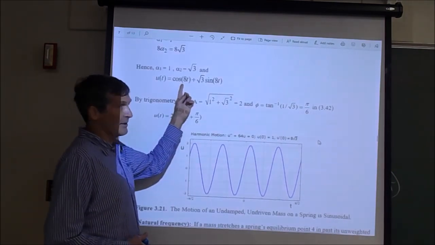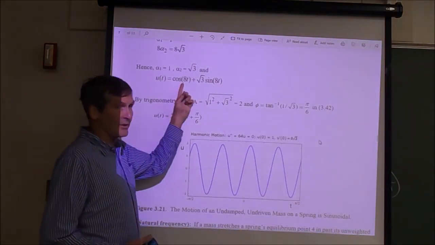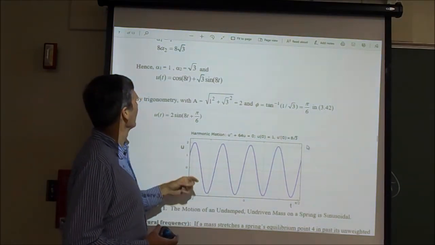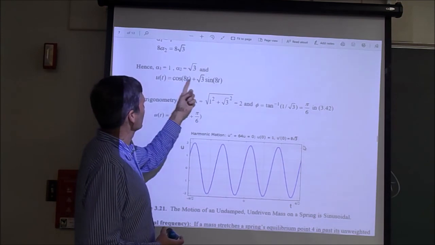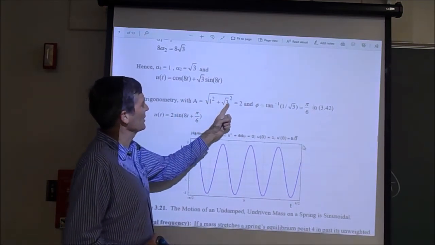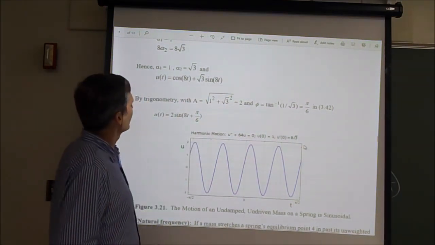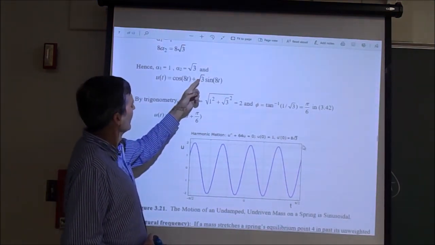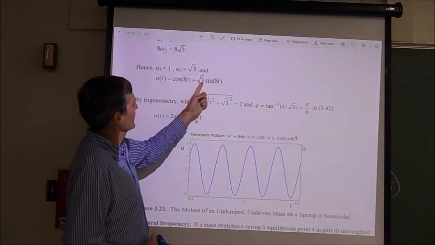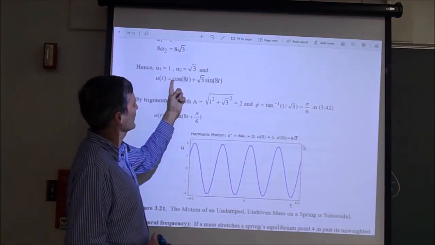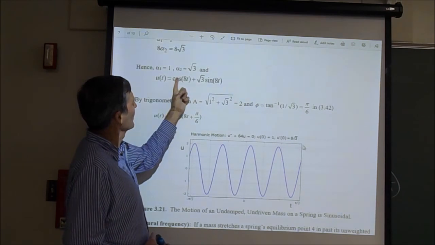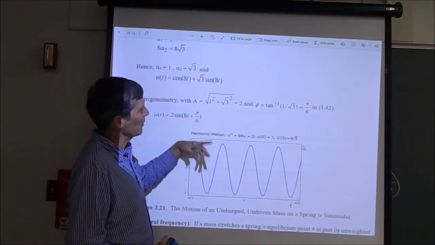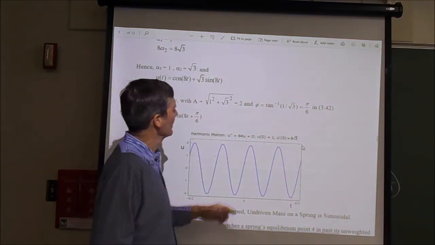This is nice, it is the exact solution, but it's nicer to see it in the form that makes the sinusoidal motion evident, right? We compute the amplitude as the root sum square of the coefficients, 1 squared plus square root 3 squared is 2, and the angle is the arc tangent of this one over this one. Since this point, with the y coordinate and the x coordinate, is in quadrant 1, we don't want to add pi to compute the arc tangent.